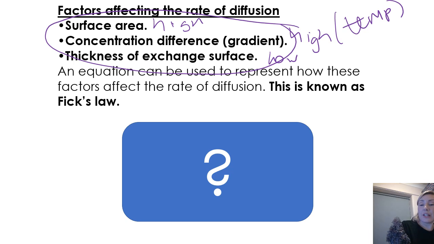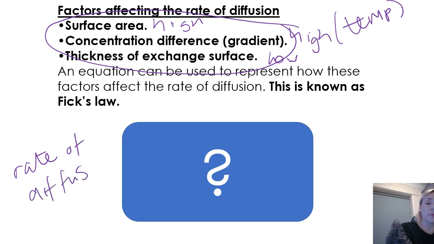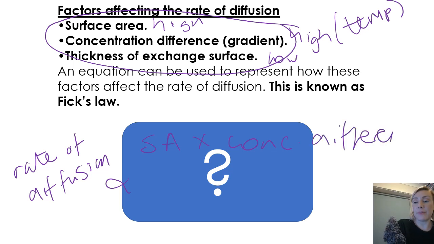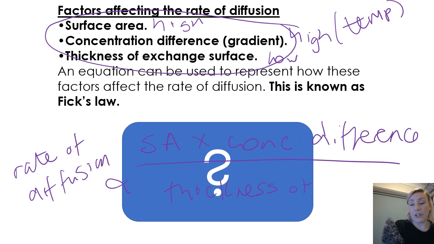Fick's law states that the rate of diffusion is proportional to the two that need to be big going on top: surface area times the concentration difference, divided by the thickness of the exchange surface. So we'll be using this a lot when we look at gas exchange.